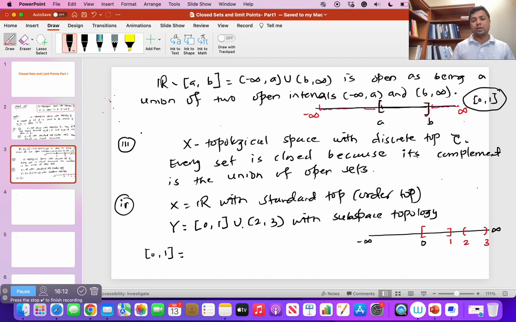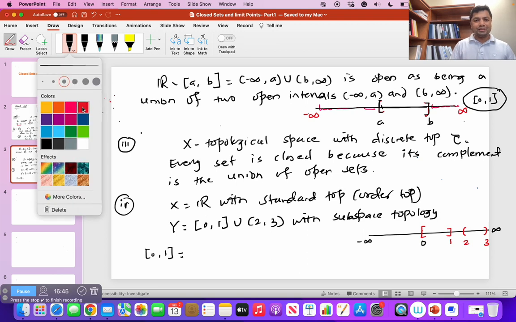This is because we know that each element in the subspace topology is the intersection of Y with an open interval in the standard topology. Here we are saying that each of these two intervals is open in the subspace topology because we can write 0 to 1 as an intersection with Y.